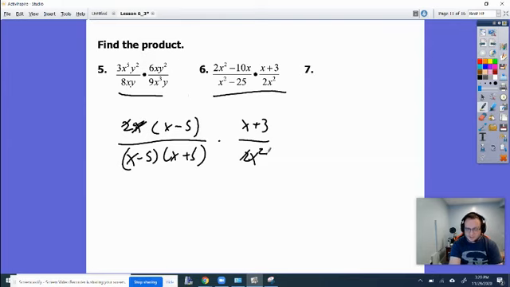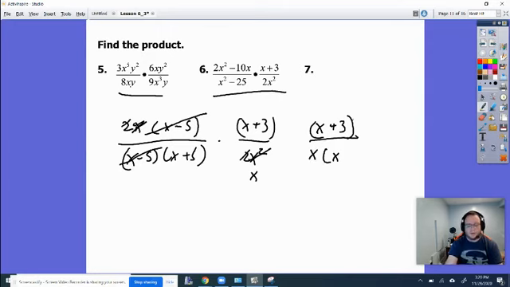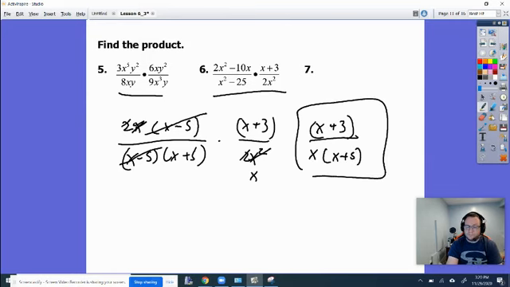So this x cancels with one of these x's, but I still have an x left. Let's put parentheses around that. x minus 5 cancels. So I'm left with x plus 3. And then let's put this x in front. Doesn't really matter because we're multiplying it, and multiplication is commutative, so I can move it around. And then this is going to be my solution here.